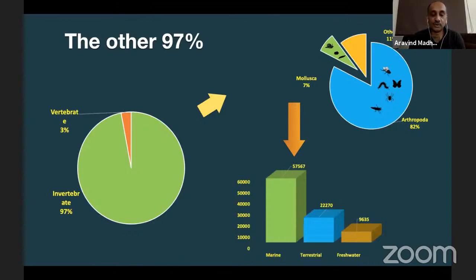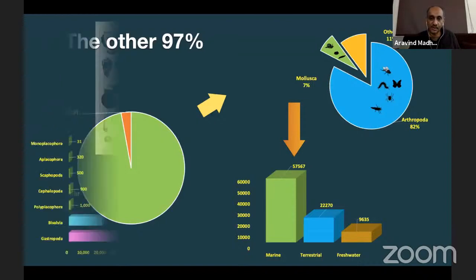An interesting thing about these mollusks is that they are found in the marine environment, deep in the ocean, in the terrestrial environment, and in the freshwater environment. You can see them as high as 5,000 to 6,000 meters altitude in the mountains, in cold desert kind of areas. They have such a wide distribution in terms of the habitats in which they occur.